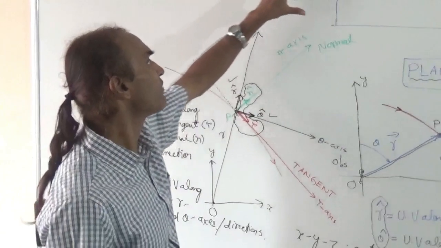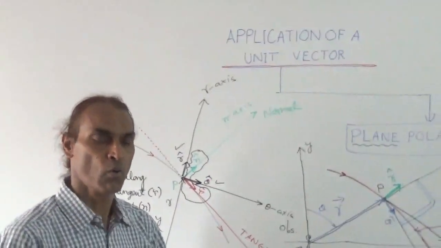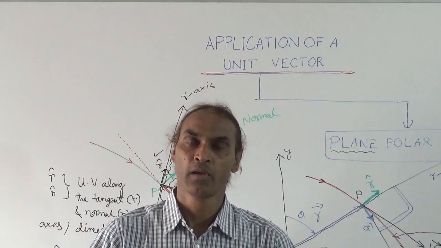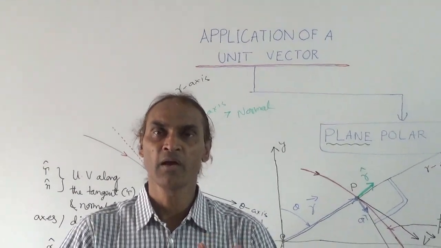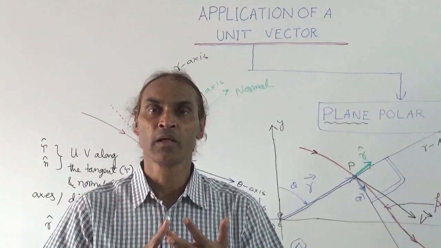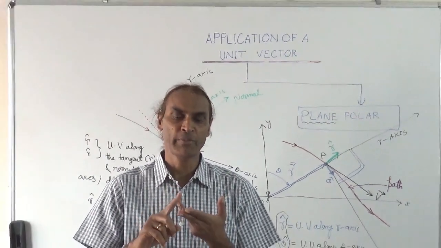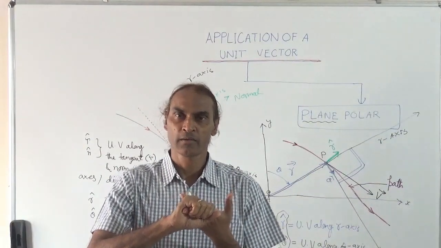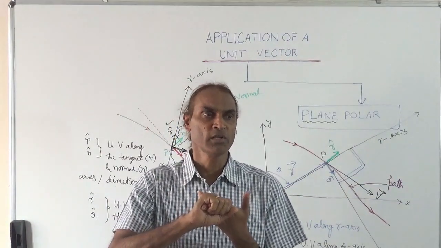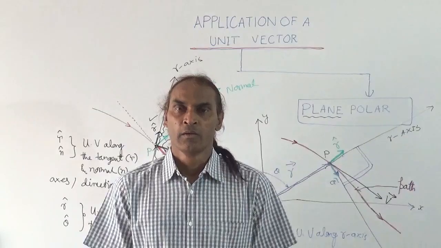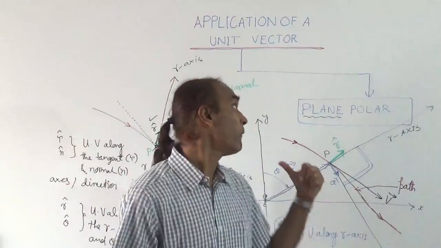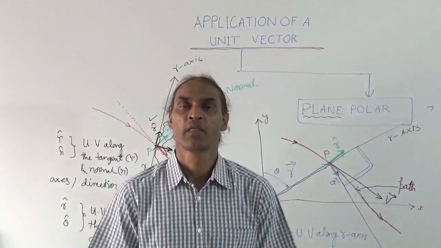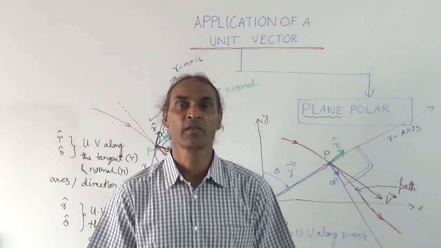So this is the application of the unit vector in different coordinate systems: Cartesian coordinate system, plane polar coordinate system, cylindrical coordinate system and spherical coordinate system. For the cylindrical and spherical, don't take too much pressure. My dear students, this video, particularly the plane polar coordinate system, is very important.